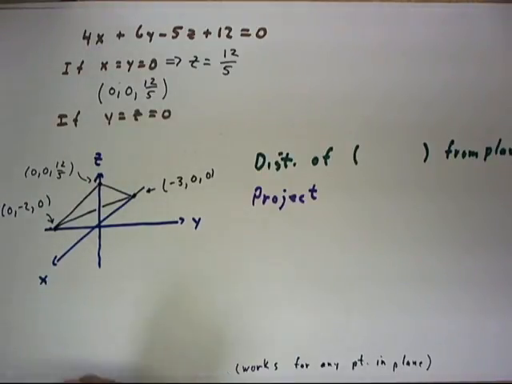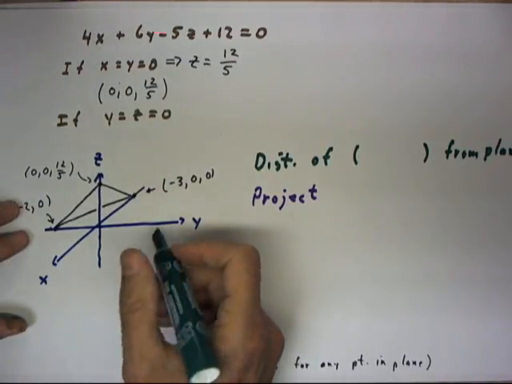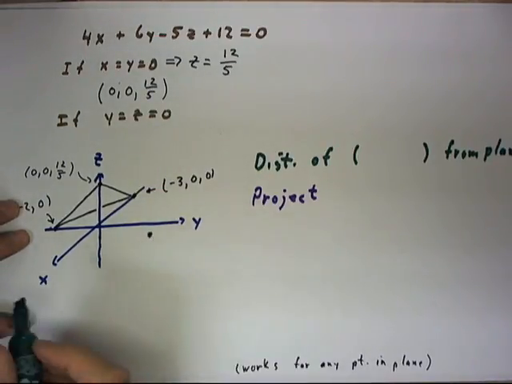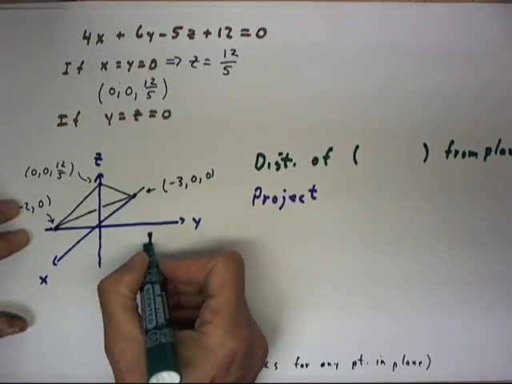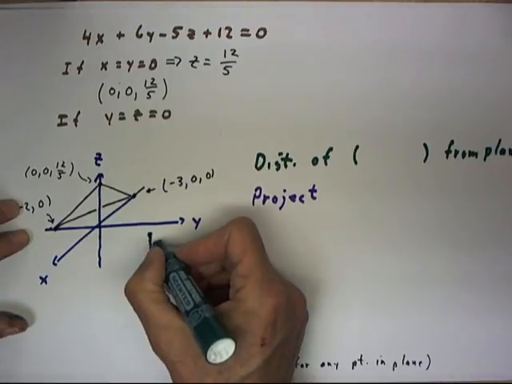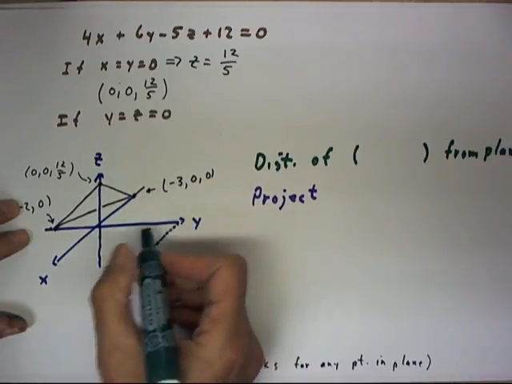Now we want to ask a question about another point. Let's take a point about here. Now where is that point? Well, let's say that point lies a little bit above the xy plane, so that its y coordinate would be here.